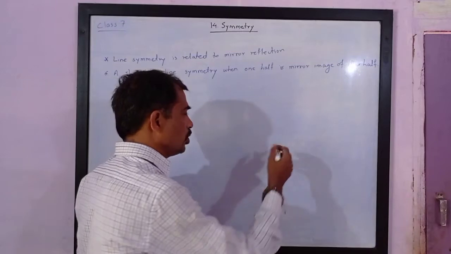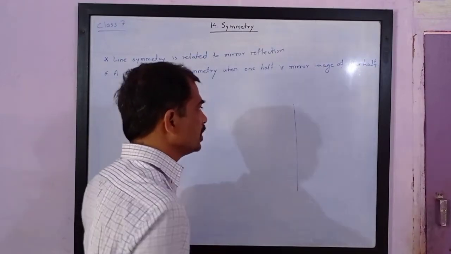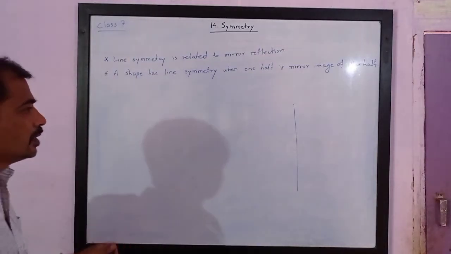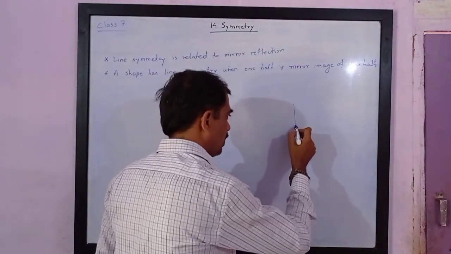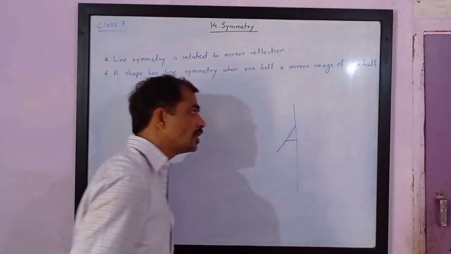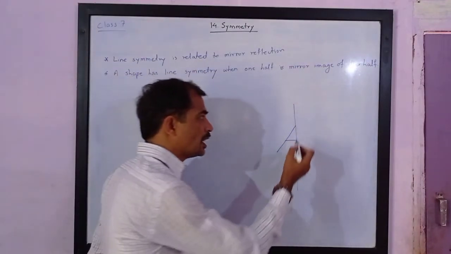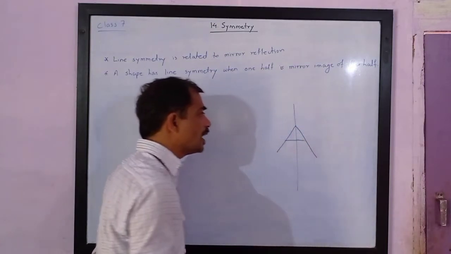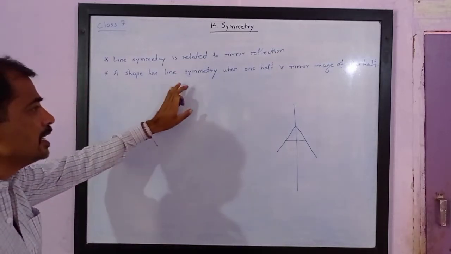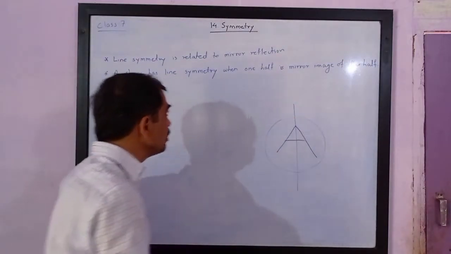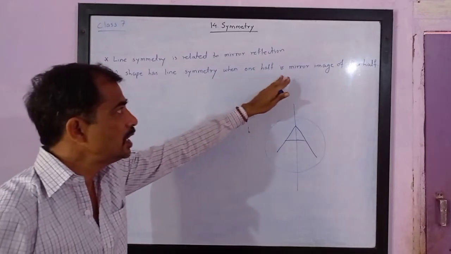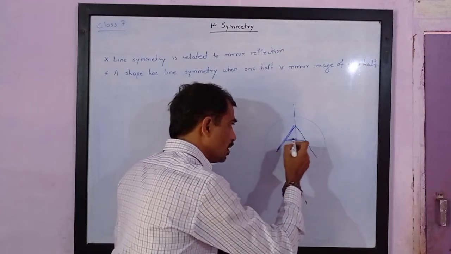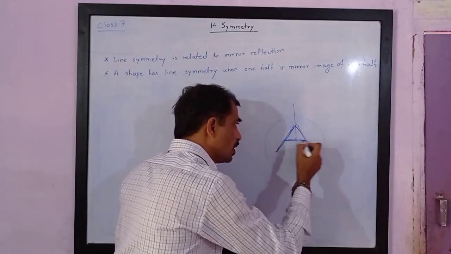So, you can understand that if this is a mirror and in front of the mirror we keep half of the figure, for example half of the alphabet A, you will notice that we get a complete alphabet A. So we can say that this A has a line symmetry where one half is the mirror image of the other half. See, this side half is exactly the mirror image of the other half.